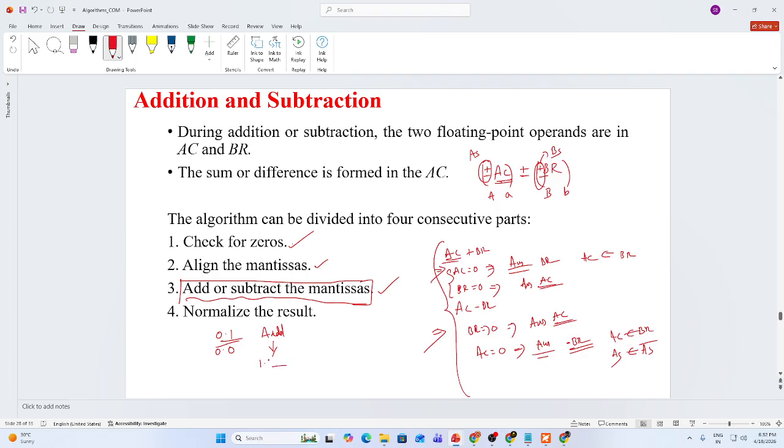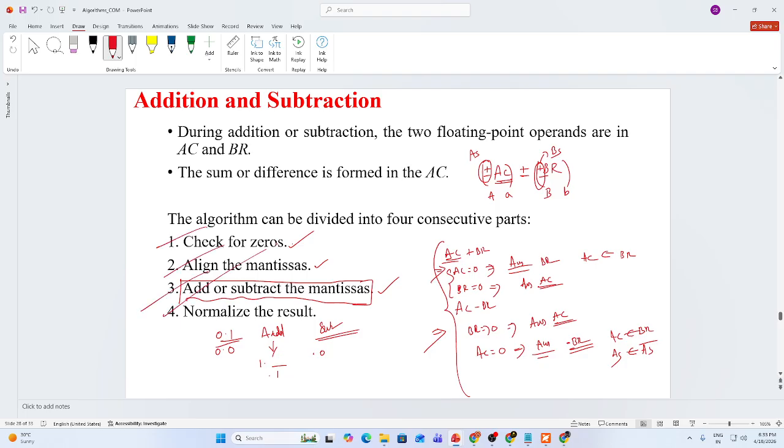So I need to shift right one time to make it 0.1 and add to the exponent. Or in case of subtraction, I may get an underflow like 0.0, so I need to shift left and subtract from the exponent. So these are the 4 steps I need to do.